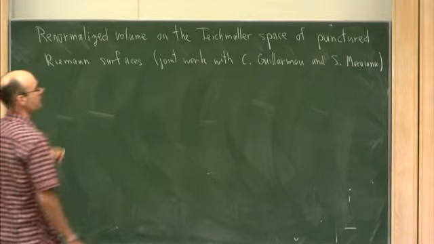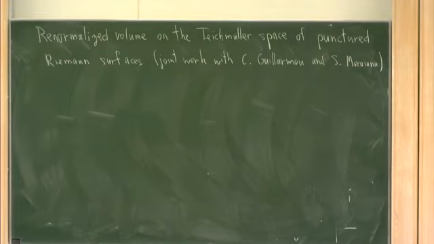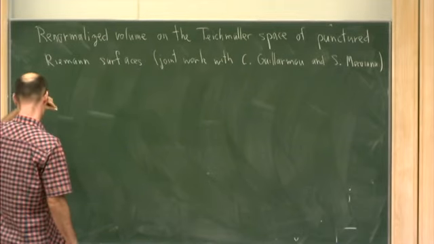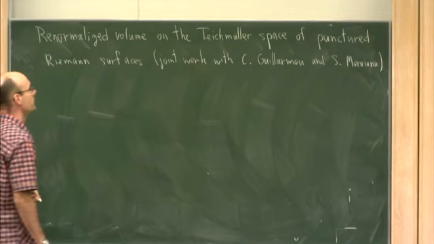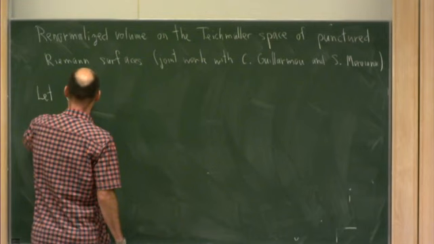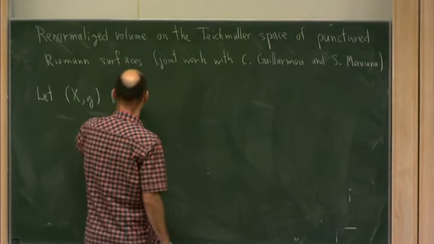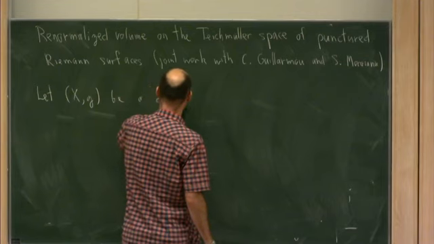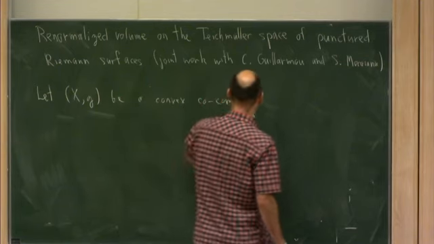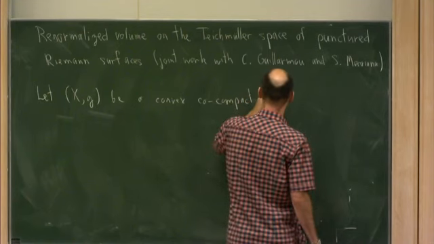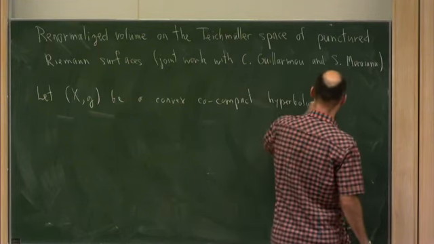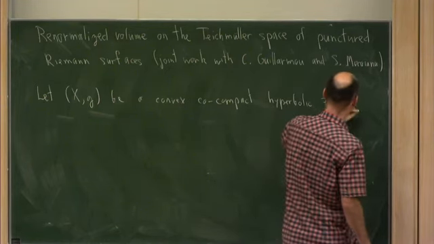So let me first start by discussing renormalized volume for convex co-compact hyperbolic manifold. So let X be a convex co-compact hyperbolic three-dimensional manifold.